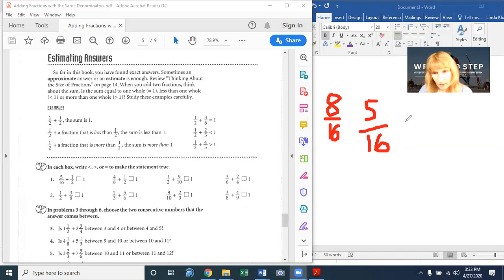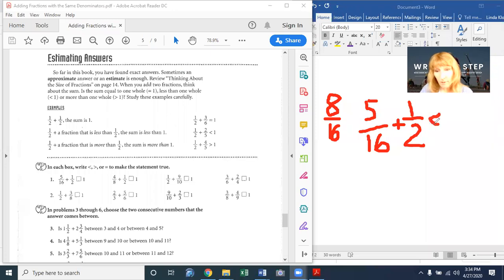So we have 5/16 plus 1/2. So if we're going to have a number that's a little bit less than 1/2 here, this 5/16 is a little less than 1/2, and one that's exactly 1/2, is our answer going to be greater than 1 or less than 1? Exactly. It's going to be less than 1, right?